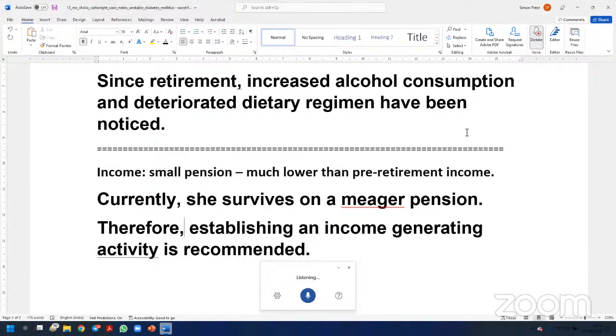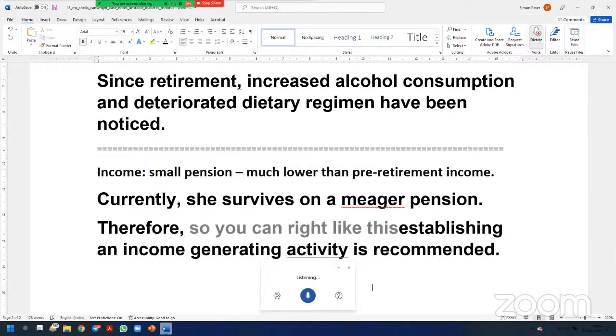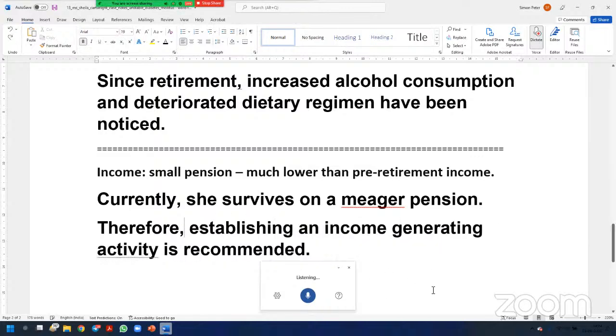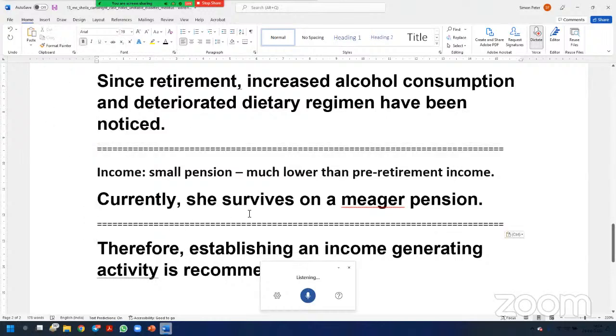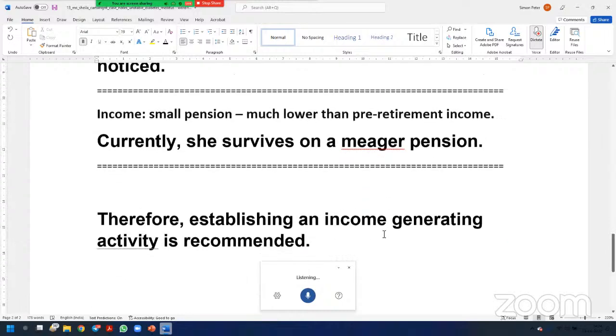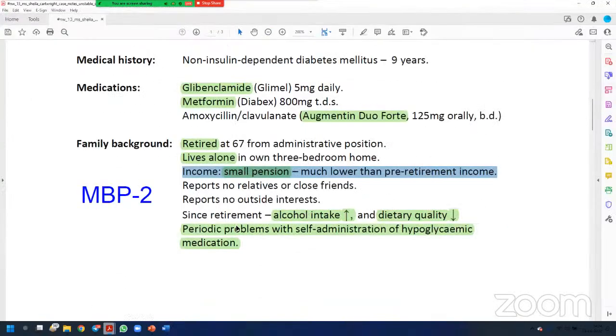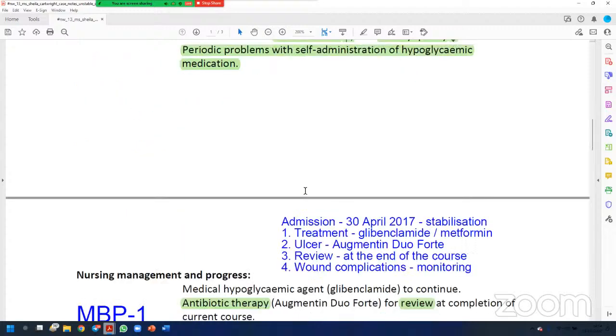So you can write like this. You can see here, income generating activity.